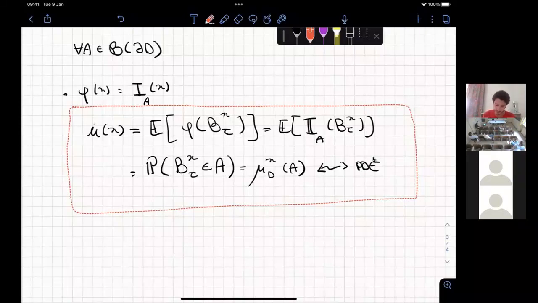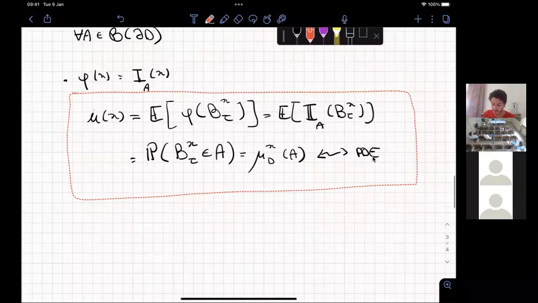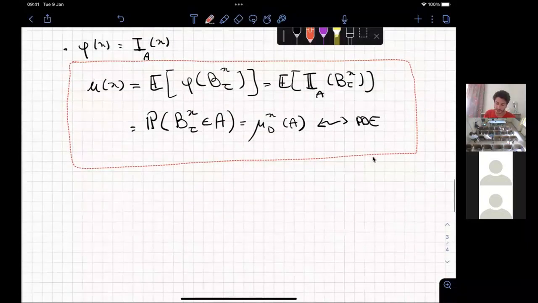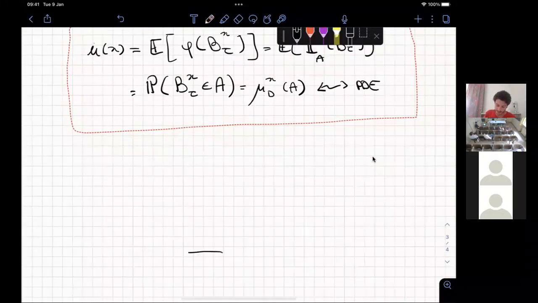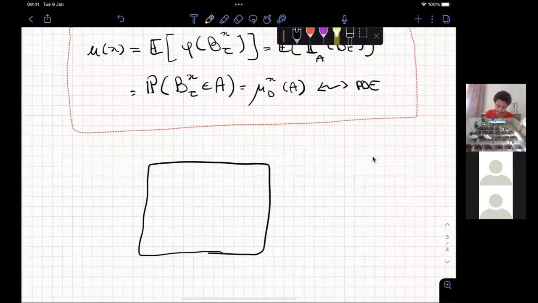The important thing is that if you look at the harmonic measure of that part through a PDE point of view, what you are basically thinking about is just take a domain. So let's take the square. This is the PDE point of view.